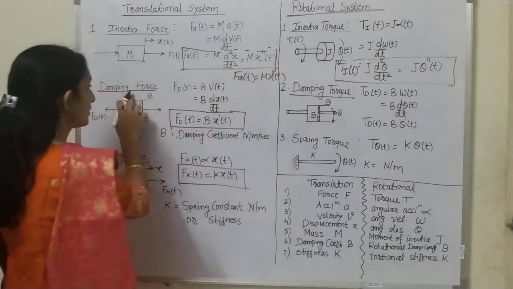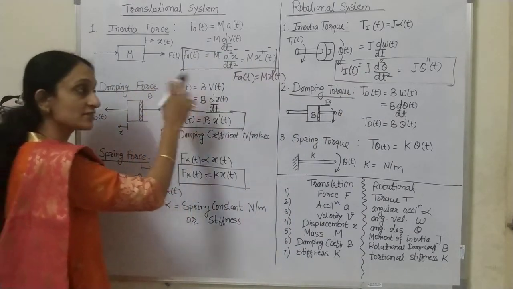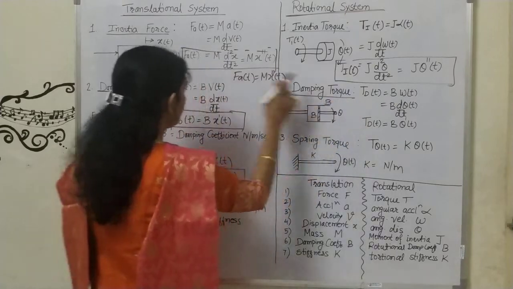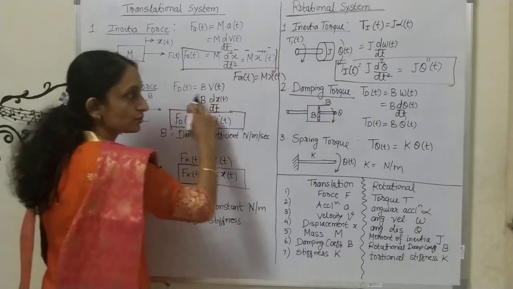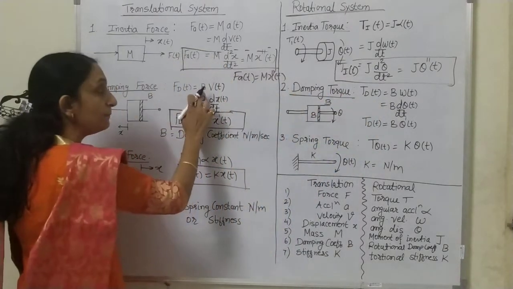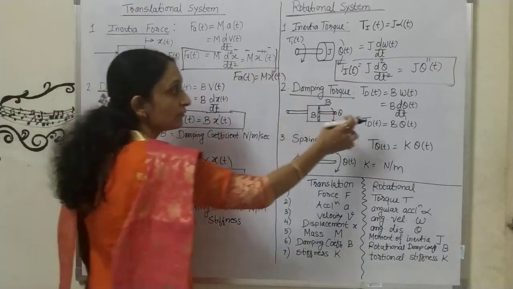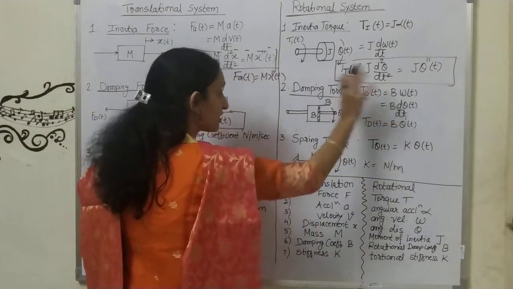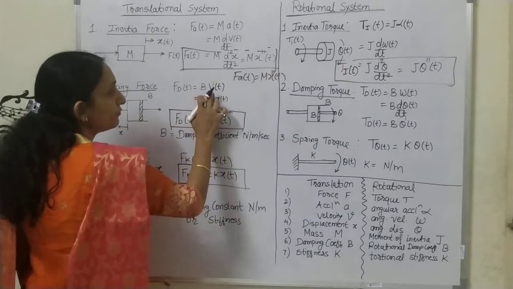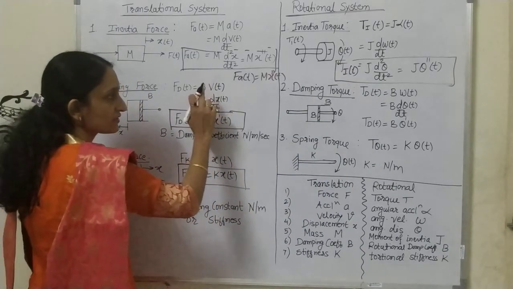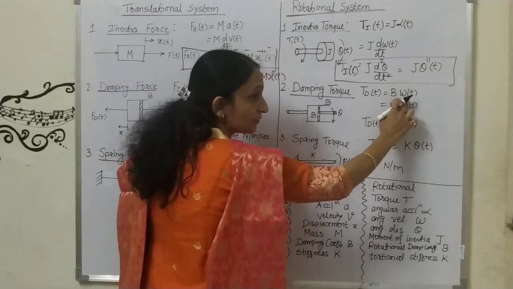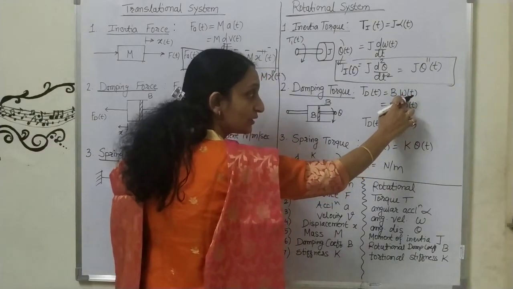Look at this, damping force. Again the same thing, force is replaced with torque. Here Fd of t, so I have written Td of t. B is a constant, so same thing we are using B in rotational system. Then v is a velocity in translation system, so I am replacing v with omega, that is angular velocity.